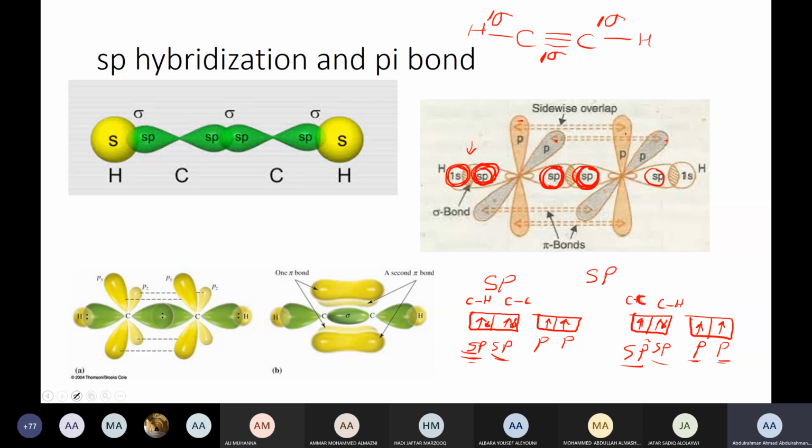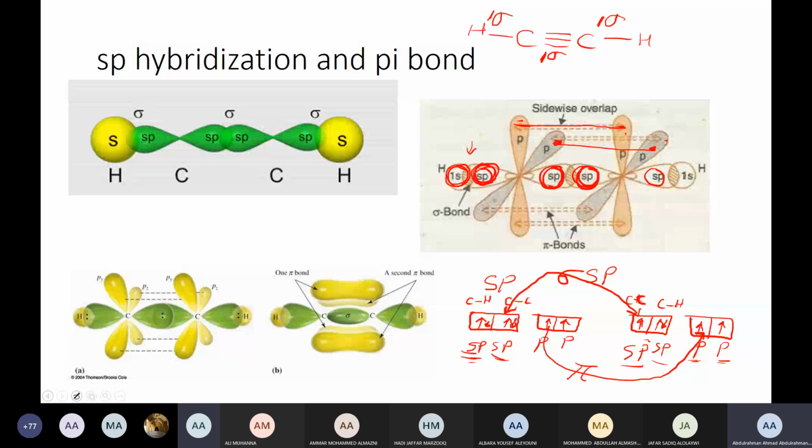So these will interact with each other. This one and this one will interact with each other to make the sigma bond. Now, how about the p orbital? This p orbital will interact with this p orbital to make what type of bond? Pi bond. And the other p orbital will interact with the other p orbital to make what type of bond?